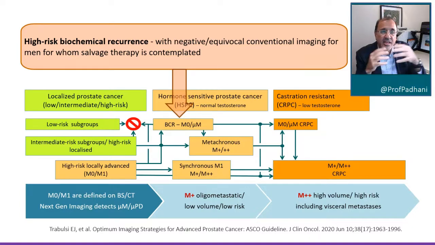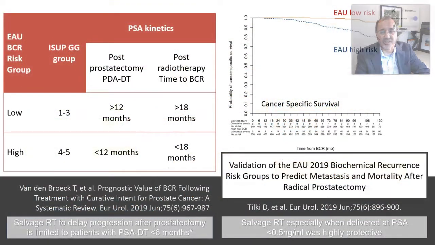Now let's take the example of biochemical recurrence. Remember, the low-risk biochemical recurrence patients don't apparently benefit from pelvic radiotherapy, but the high-risk biochemical recurrence patients do benefit from pelvic radiotherapy. So high-risk biochemical recurrence patients with negative or equivocal conventional imaging, in whom salvage therapy is being contemplated, in these patients, you can use next-generation imaging technologies.